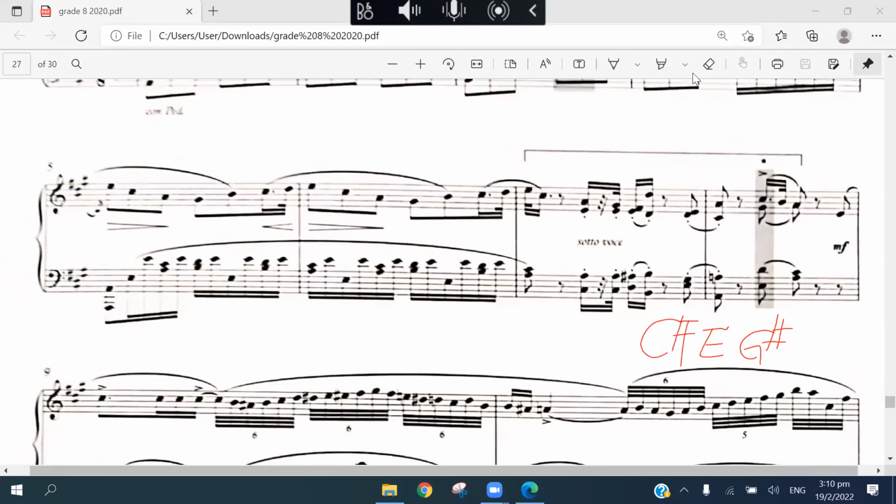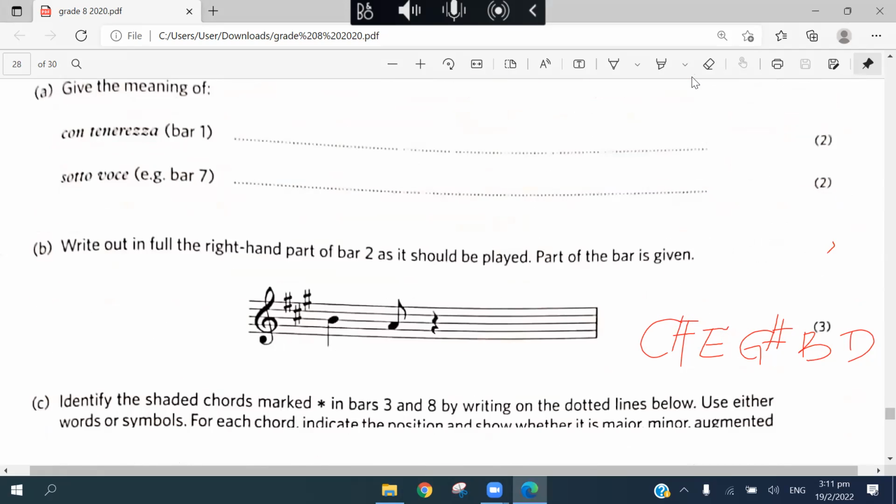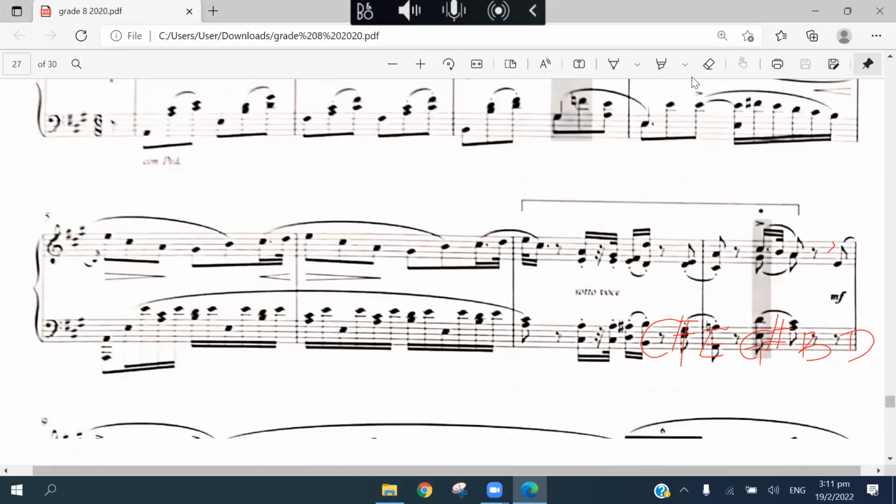C, E, G, B, D. This is A major, right? Yeah, I think I know the answer now.